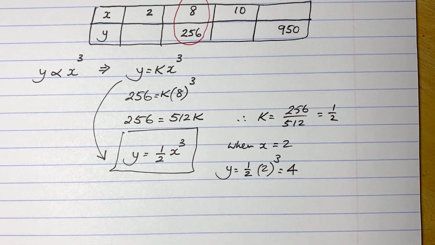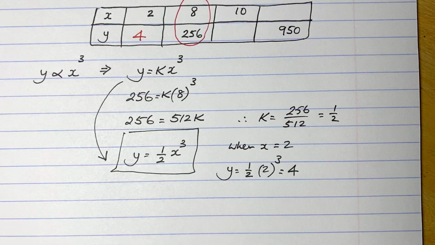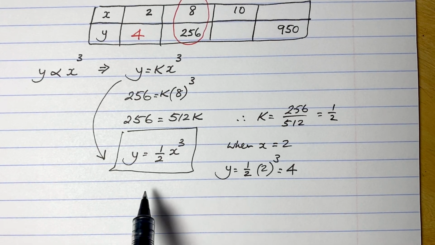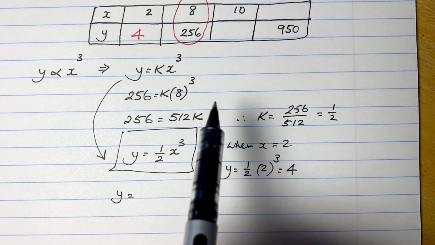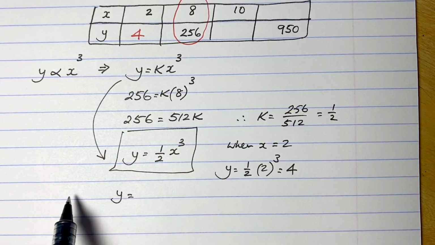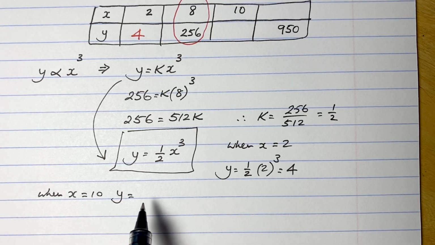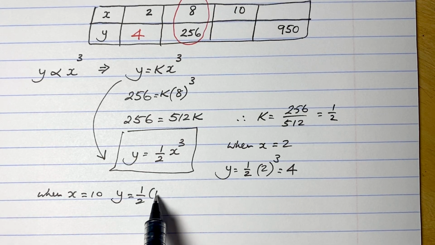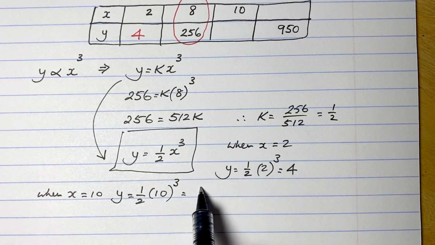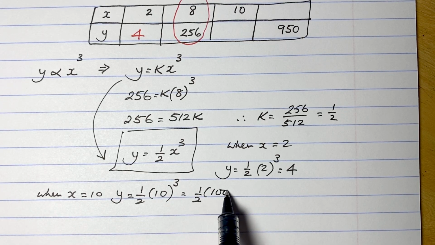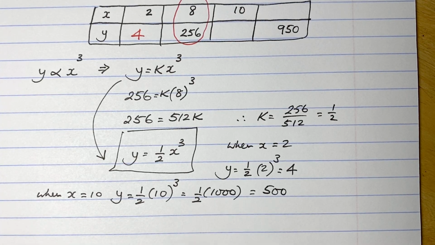So here I fill the table with the value of y when x is 2. Same formula again. Y equals half of x cubed, and here x is 10. So when x equals 10, y equals half of 10 cubed. That is 1,000, half of 1,000, which is 500. So the 500 goes there.